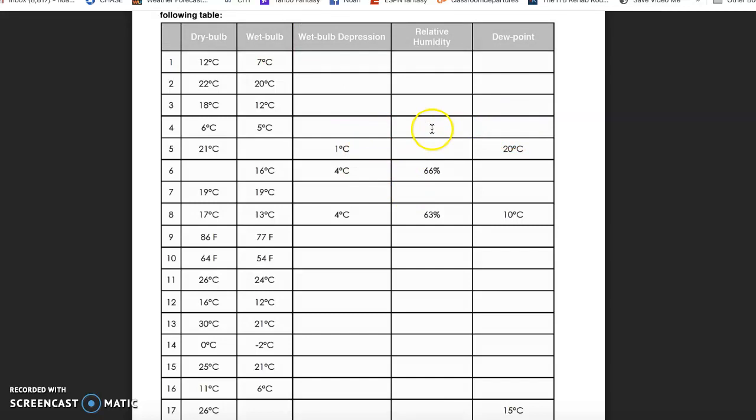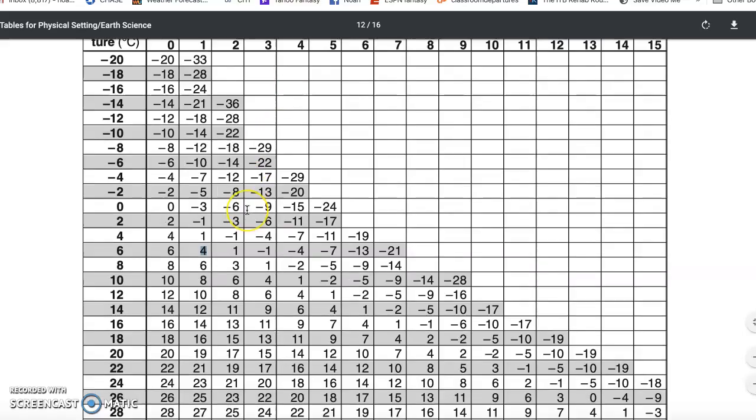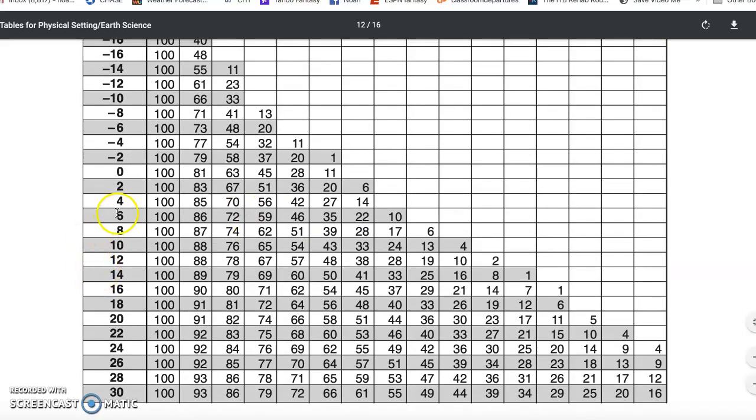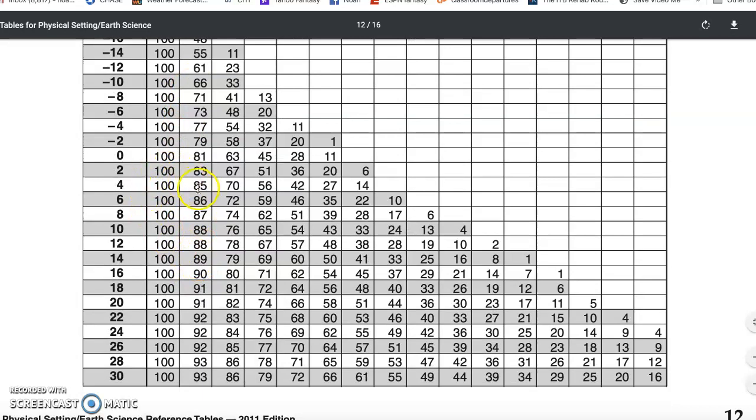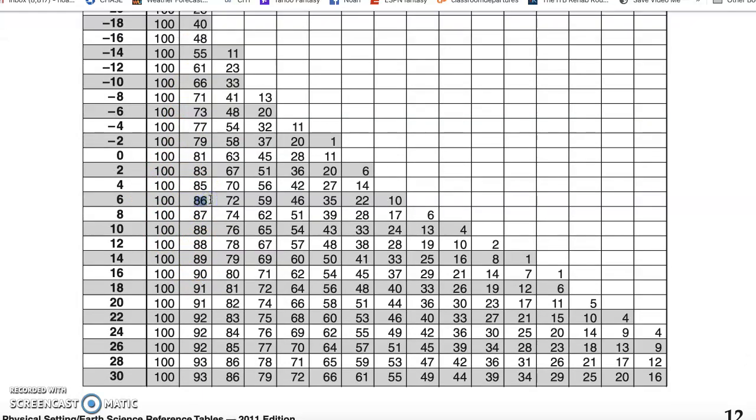Then we do the same thing with the relative humidity chart using that 6 and that 1. This first column's for 0, this column's for 1, as you can see up here. So 6 and 1, that's 86%. Notice what we said: the difference between the dry bulb and the wet bulb was low, only 1, so we knew it would be a high humidity, hence 86.